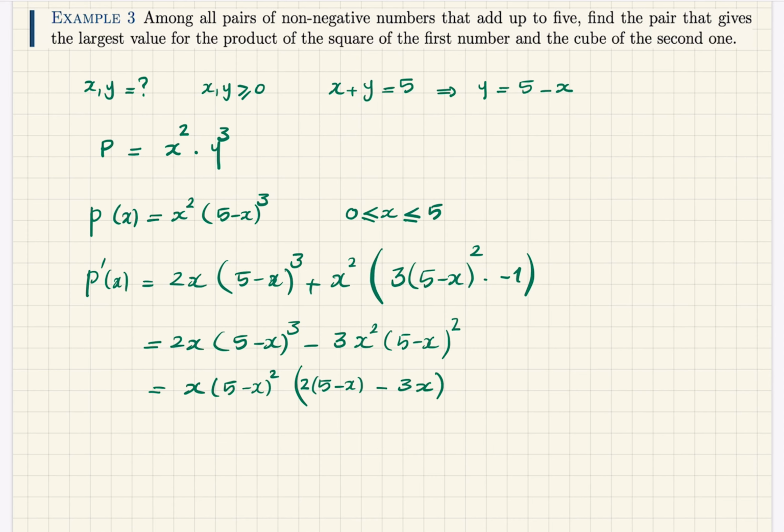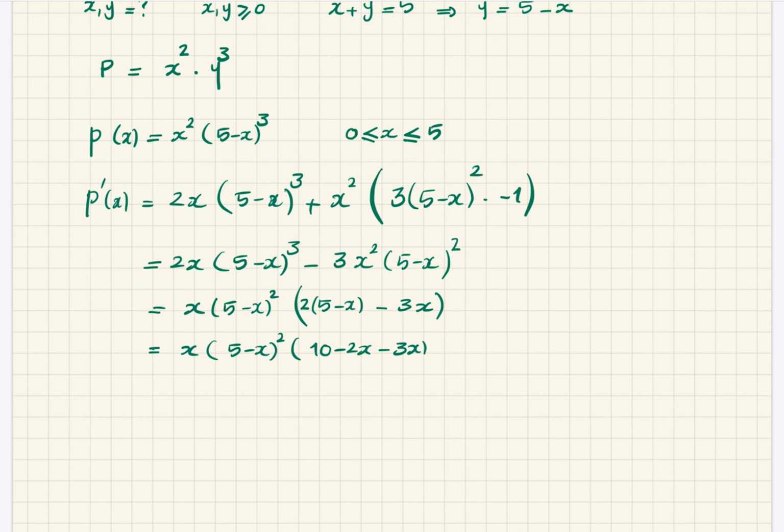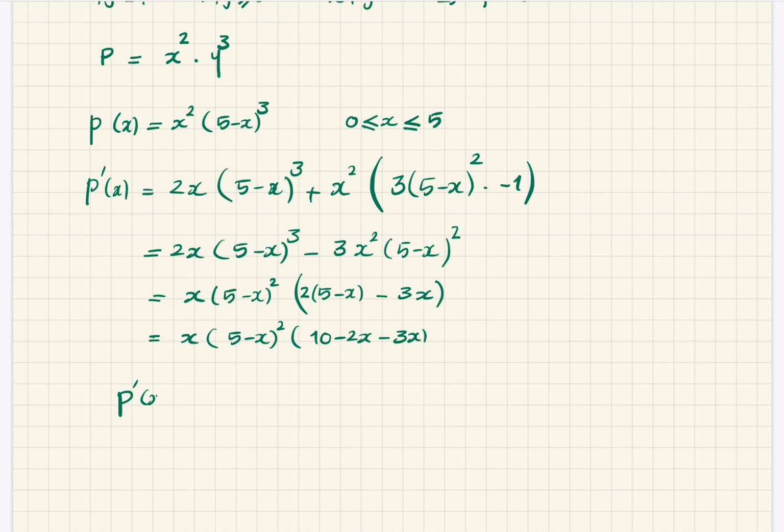Yeah, please check my calculations. Then I will get x, (5 minus x) to the power 2. I multiply that in, and then what I get finally is my derivative.